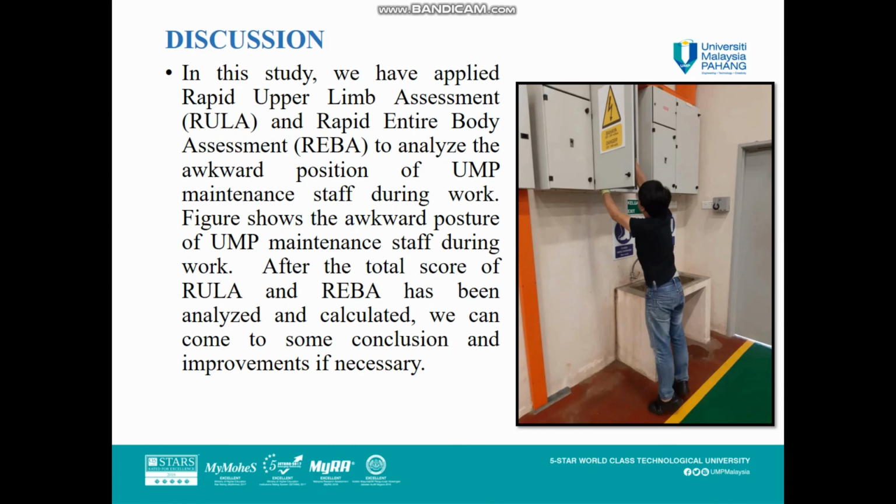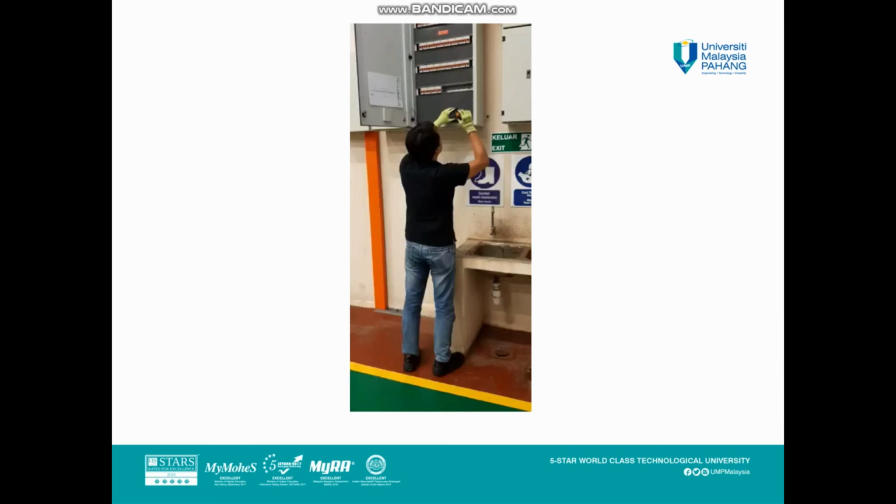The figure shows the awkward posture of UMP maintenance staff during work. After the total scores of RULA and REBA have been analyzed and calculated, we can come to some conclusions and improvements if necessary. So we will see the video of the UMP maintenance staff.